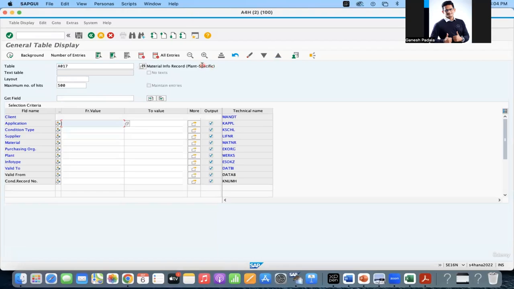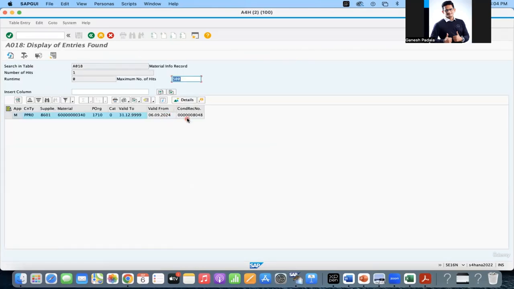So A017 is plant specific and A018 is material info record without plant. So you wanted to get to know the material 1710, info type is 0, executed. So there is an info record and a condition record number KNUMH.